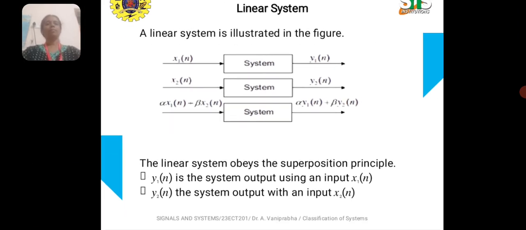It is given here that y1 of n is the system output using the input x1 of n. Similarly, y2 of n or y2 of t is the system output with the input x2 of n.